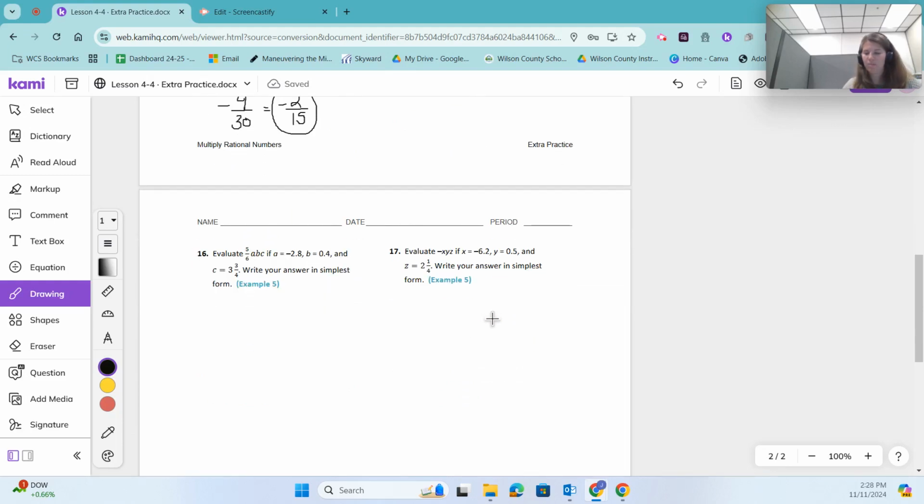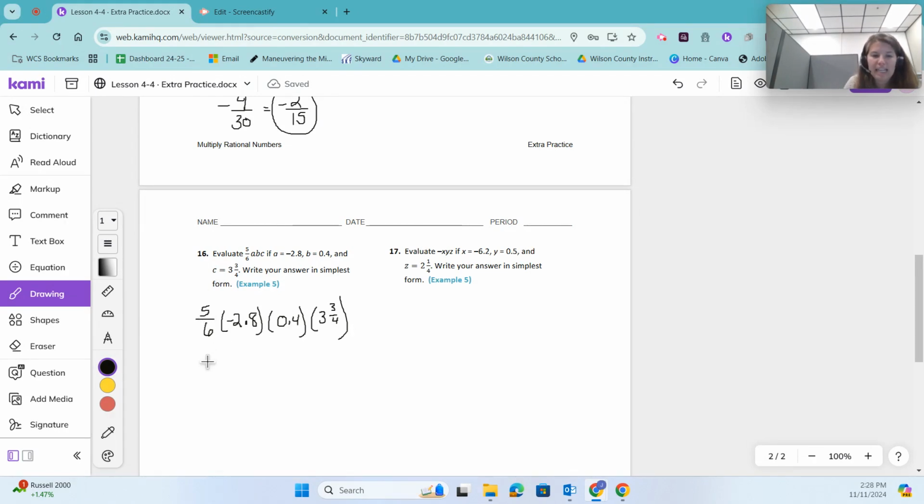All right, and the last more difficult type of problem is where we have 3 variables and we are substituting in some decimals and some fraction combos. So we have 5/6 times a, which is negative 2.8, times b, which is 0.4, and c, which is 3 3/4. So again, turning these all into the same type of number, as in fraction or decimal, I'm going to choose a fraction again.